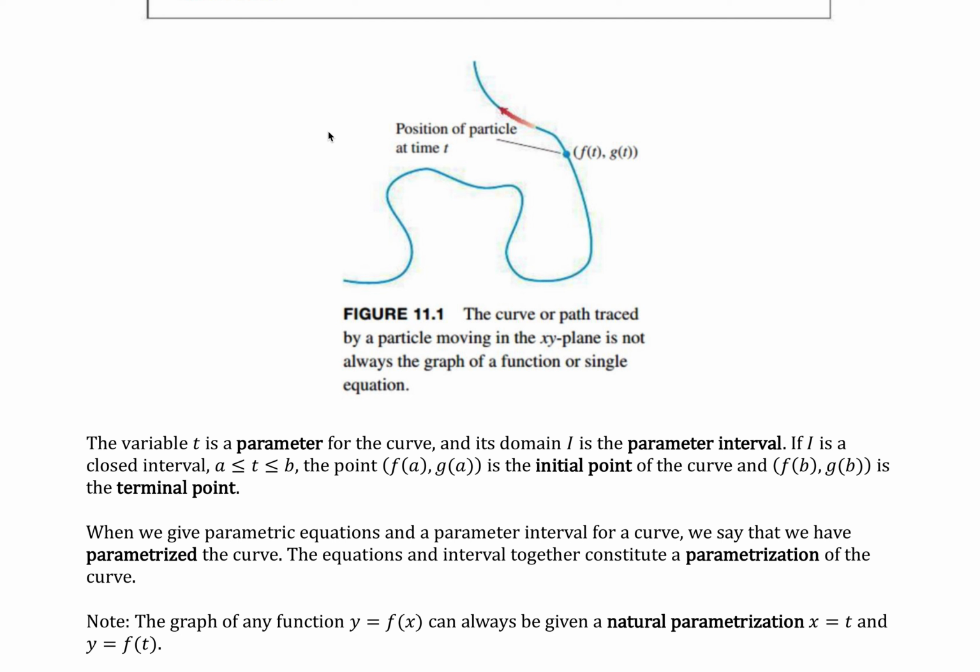And it says finally that the graph of any function, y equals f of x, can be given what's called a natural parameterization, x equals t, and then y equals f of t. So sometimes it's best to just look at examples to see exactly what is going on here. And that's what we're going to do. We're going to look at a couple examples.